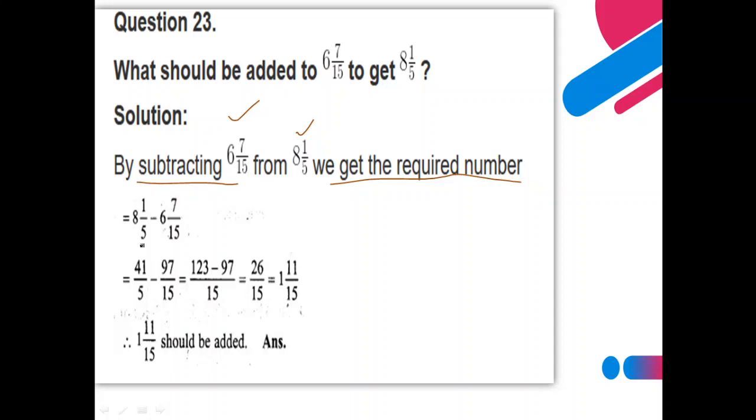And then we take the LCM of 5 and 15. Here 15 is our LCM, and then the calculation is 123 minus 97. We are getting 26 upon 15. That was converted into a mixed fraction, 1 11 upon 15. So 1 11 upon 15 should be added.